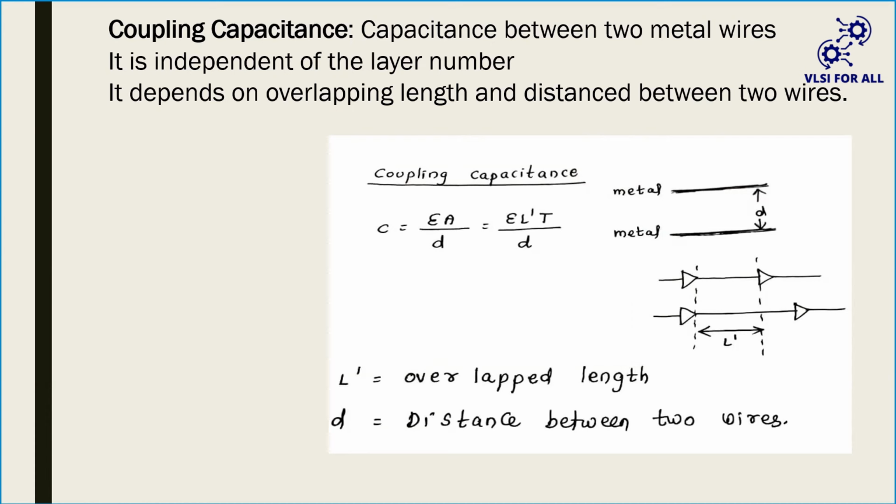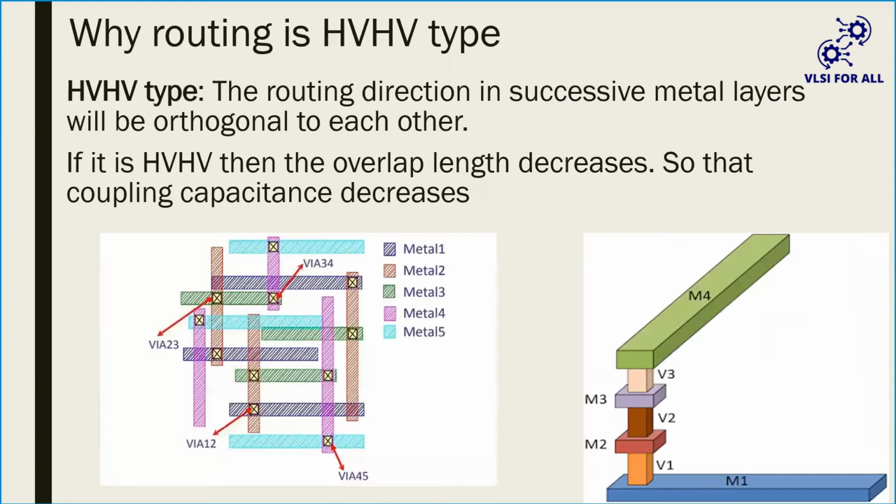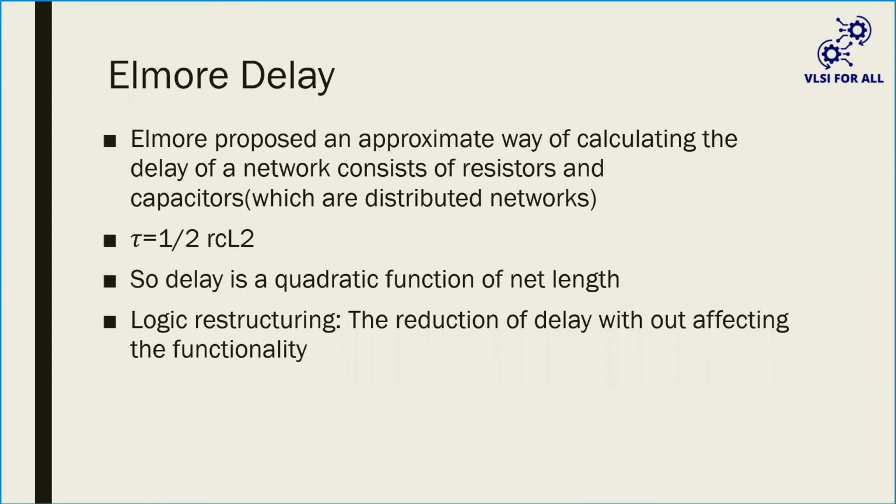You can go to the last session. Yeah, here Elmore delay is there. See team, here tau is equal to 1 by 2 RC L square. Means the net delay tau is a quadratic function of the net length.